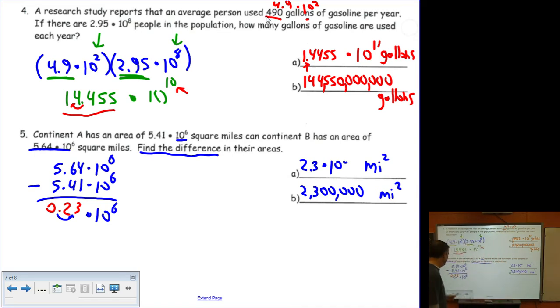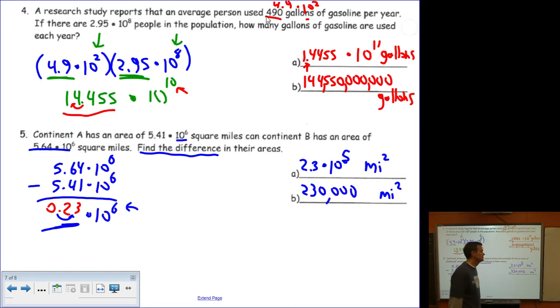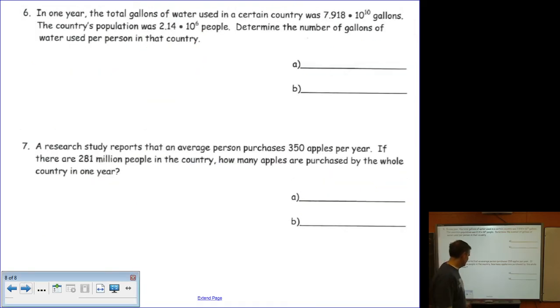As this number got bigger, the exponent needs to get smaller. So that would be a 5. And that means this is going to be 2, 3, 0, 0, 0, 0. There we go. My bad. And then, 2 more problems.